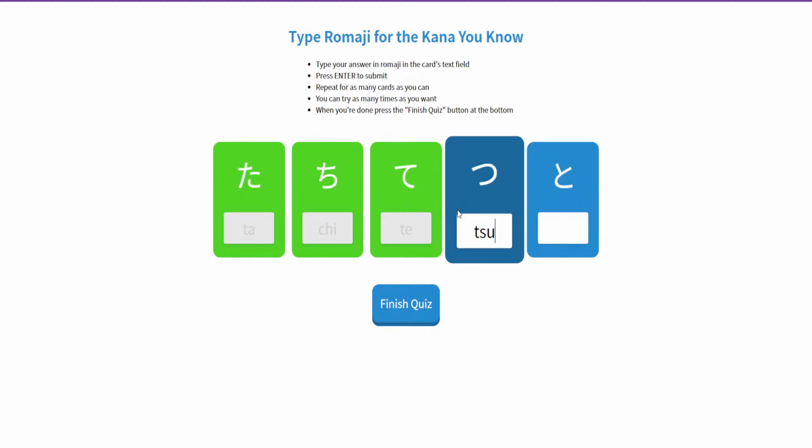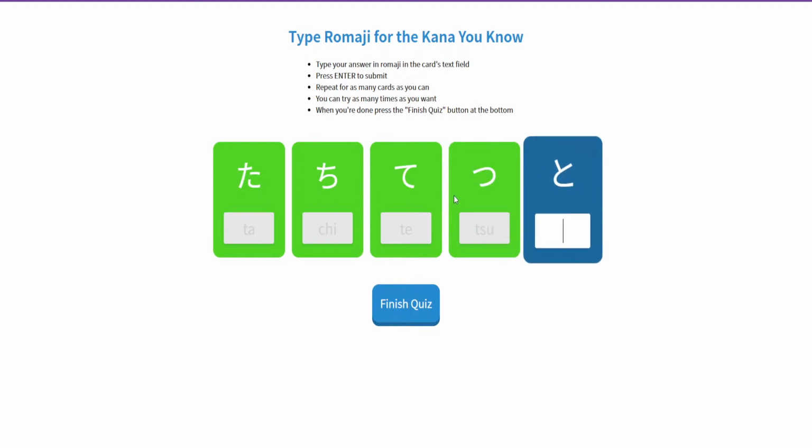Tsu. Tsu. Good job. And then finally we have the kana that looks like a toe being hit with a nail. I said the name of the kana as I was talking about the description. To. Good job.